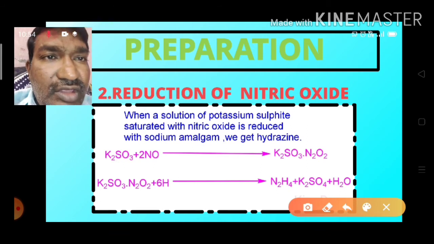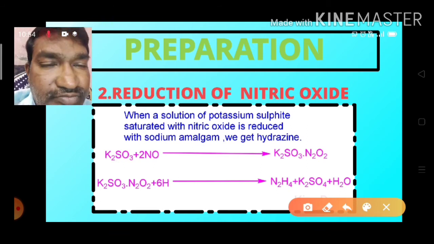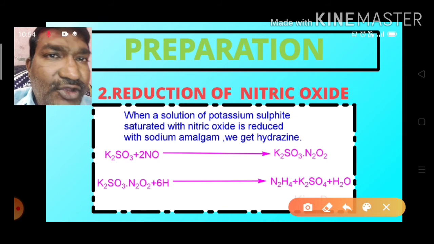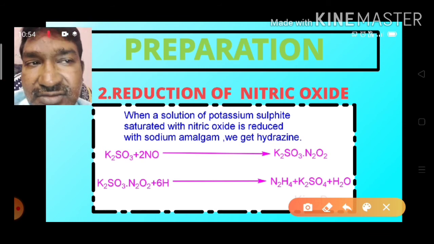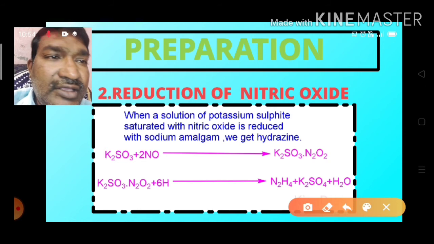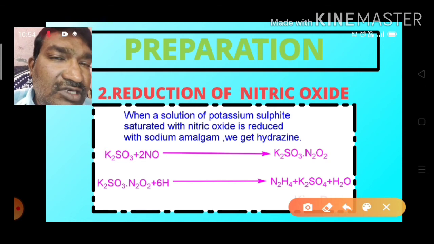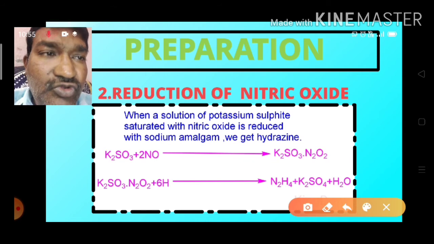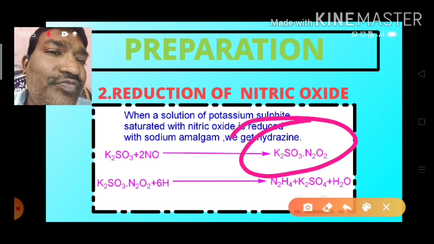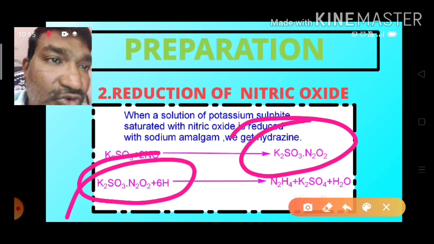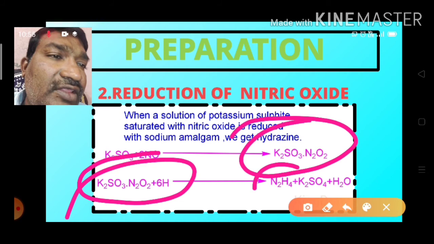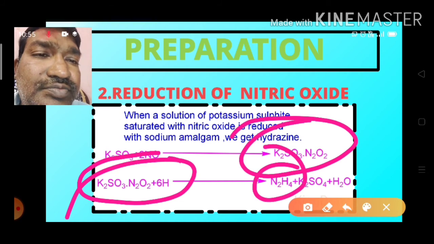Here we send NO gas, nitric oxide gas, into an aqueous solution of potassium sulfite. As a result, we get a salt, which is the adduct, K2SO3·N2O2. So this is the adduct. When this adduct is reduced with sodium amalgam, we get hydroxylamine.